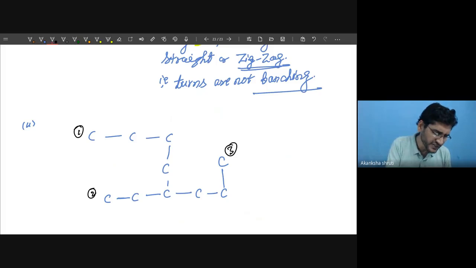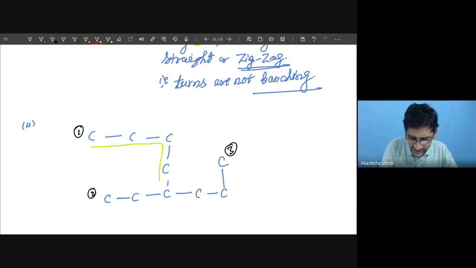If we start numbering or counting, then we can say like this. I'm going to start with 1 to 2, then to this one, then I have to take a turn, obviously. Now on reaching this carbon, which is marked in yellow, I have two possibilities.